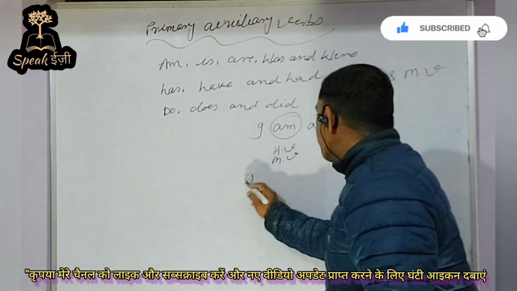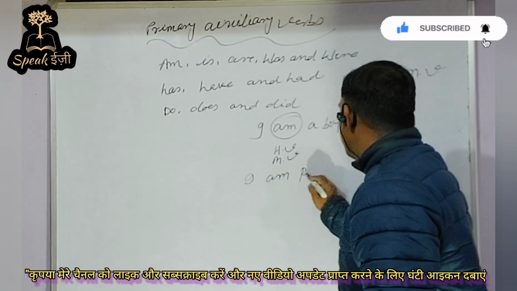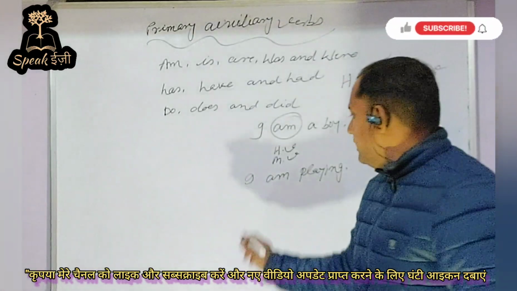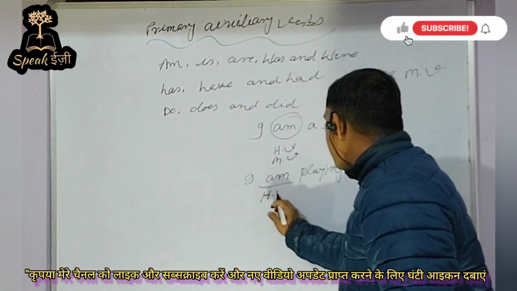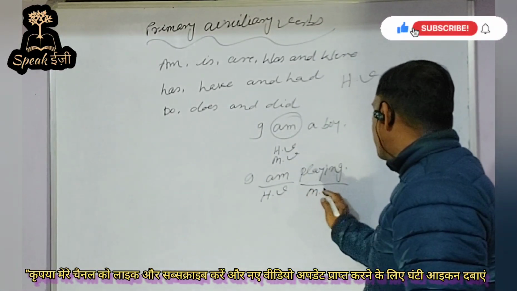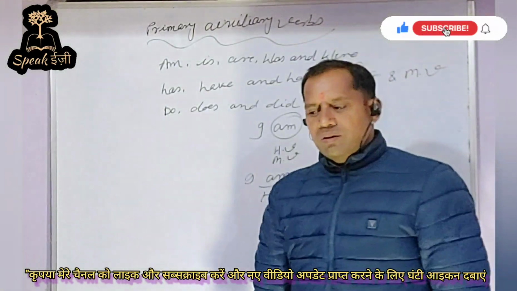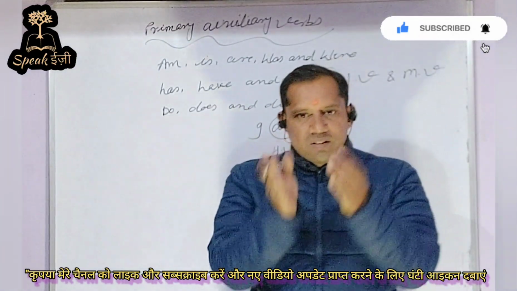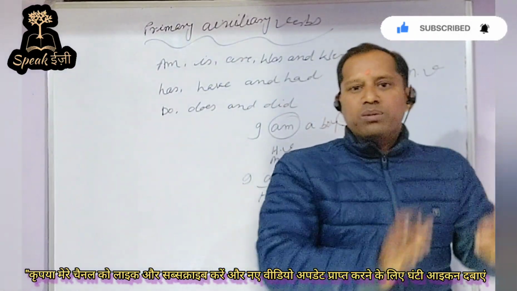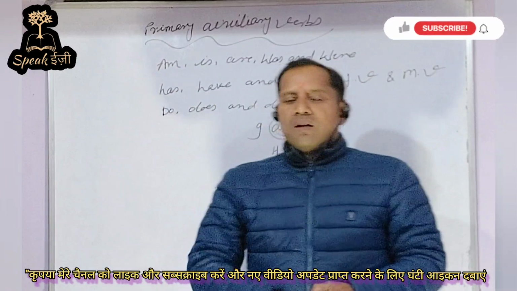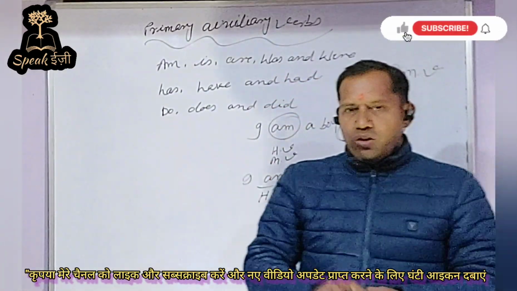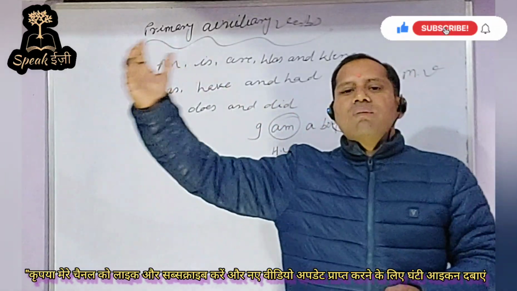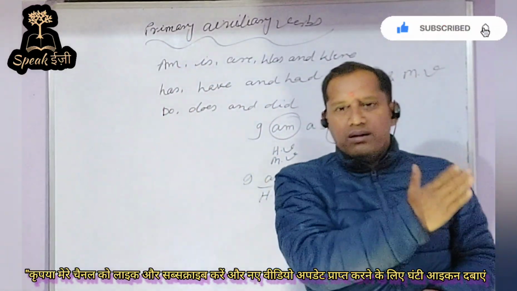Now take another example: "I am playing." In this sentence, this "am" is working as the helping verb and this "playing" is working as the main verb. Now, let me explain the difference between a helping verb and a main verb. If in any sentence there is only one verb, that will be the main verb of the sentence, not the helping verb.